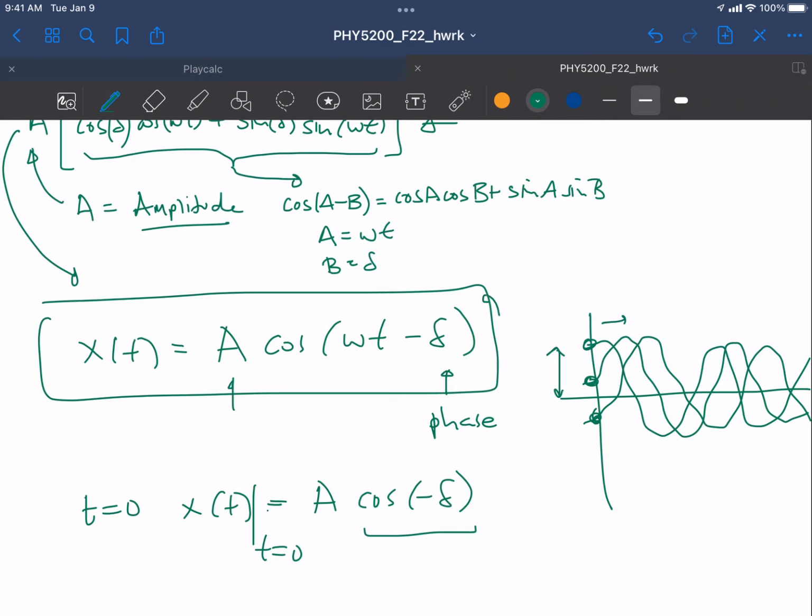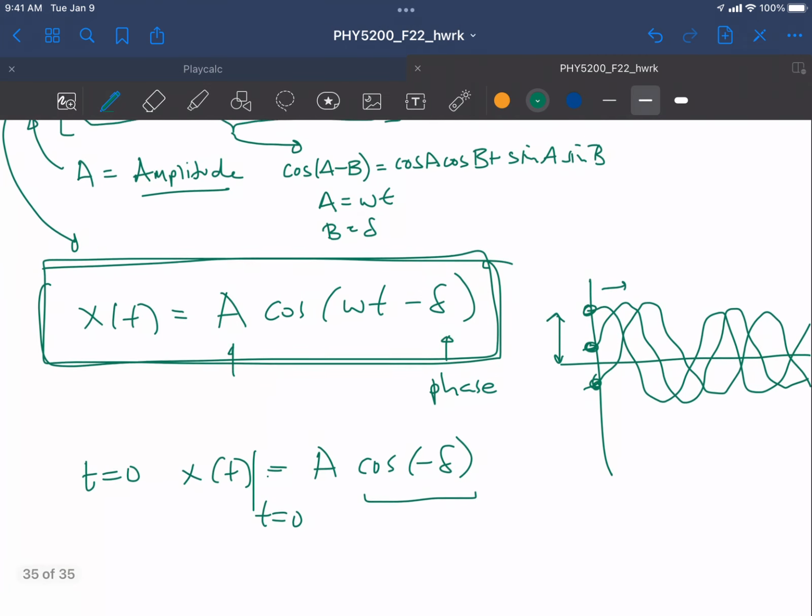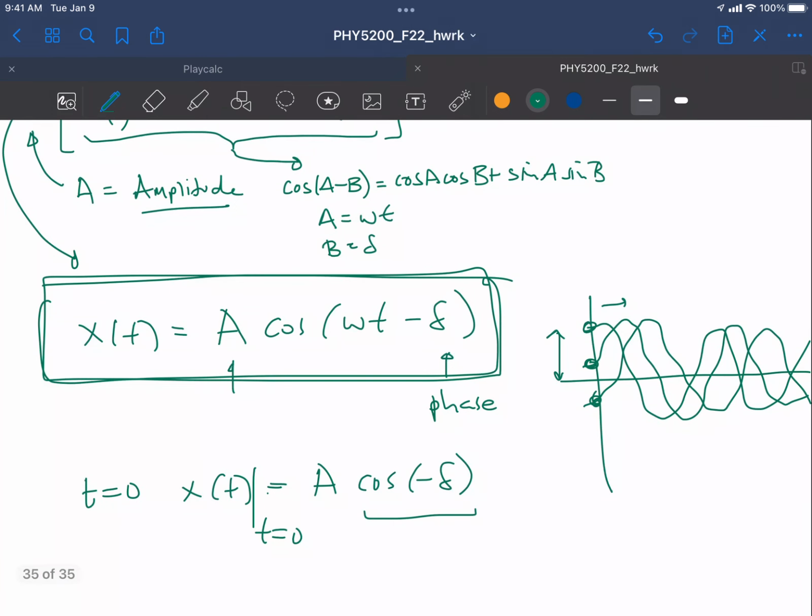So this is yet another form of the full solution. This is a completely general solution to our equation of motion. And these constants a and delta we'd need to figure out from the initial conditions.